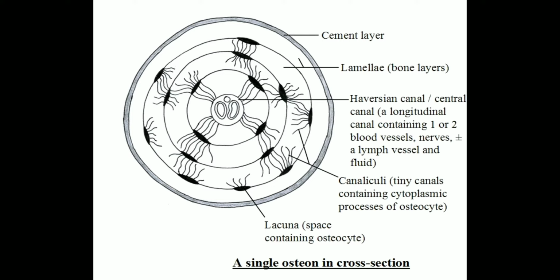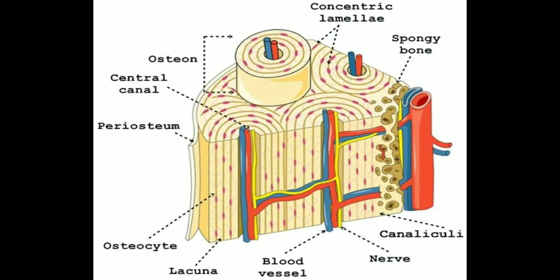Now in lacuna you will find different types of cells are present. They are osteoblasts, osteocytes and osteoclasts. Here you will find osteocytes and osteoclasts are inactive bone cells, whereas osteoblasts are active bone cells.